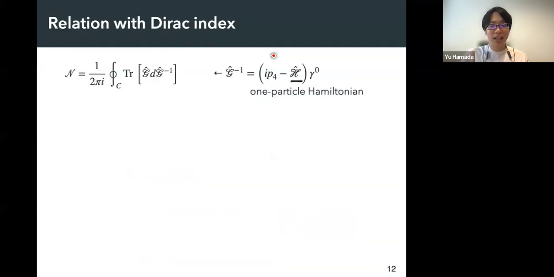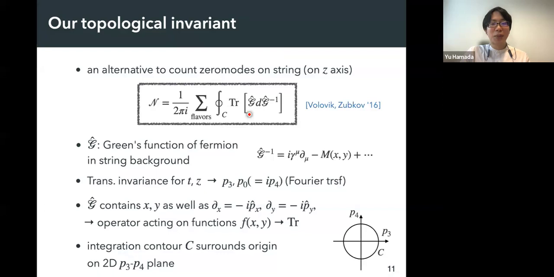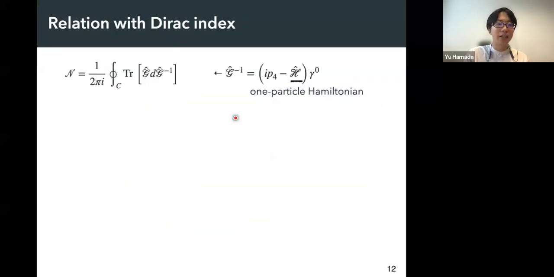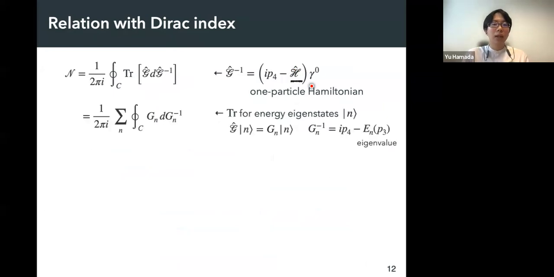Yeah, so this expression is too complicated, and it's difficult to get some intuitive understanding from it. So let me rewrite this one in a more understandable way. Let's rewrite this Green's function in terms of P4. P4 comes from the Wick rotation of P0, and here H hat is a one-particle Hamiltonian.